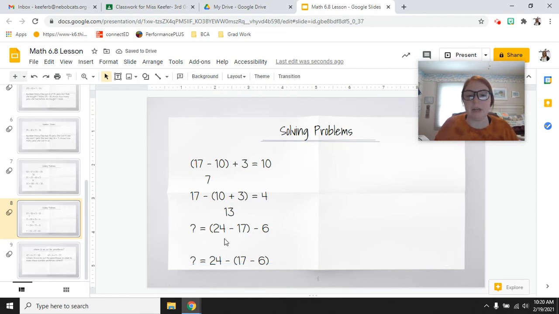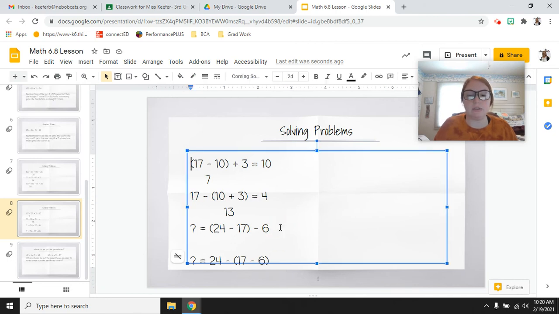Same thing with these down here: 24 minus 17 minus 6. So let's try this first one. 24 minus 17 would equal 7. And then we would do 7 minus 6, which is 1.